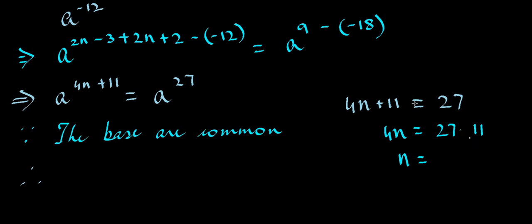So this becomes minus 11, and minus 11 will give me 16. 4n is equal to 16, therefore n is equal to 16 divided by 4, which is equal to 4. My n is 4. Let's move ahead to the next question.